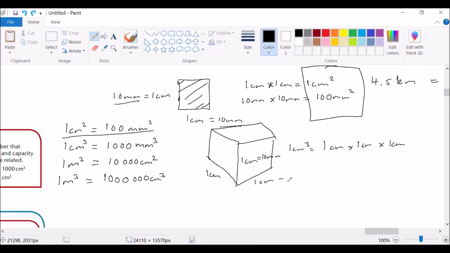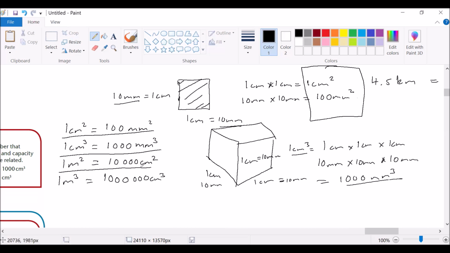So this is 10 millimeters. This is also 10 millimeters. So we can say 10 millimeters times 10 millimeters times 10 millimeters, which will give us 1,000 cubic millimeters. So 1 cubic centimeter is equal to 1,000 cubic millimeters, as shown here.